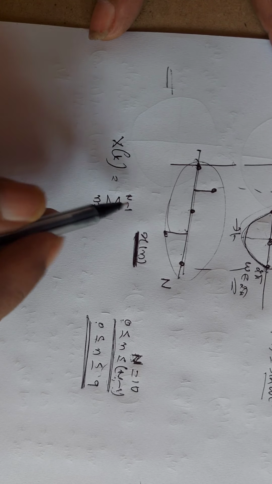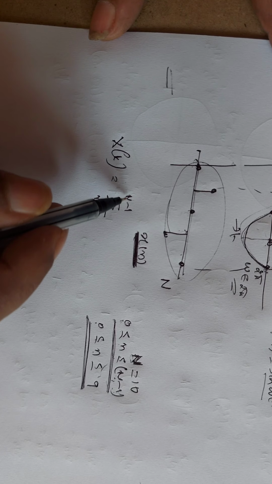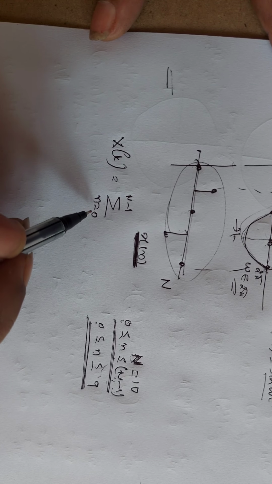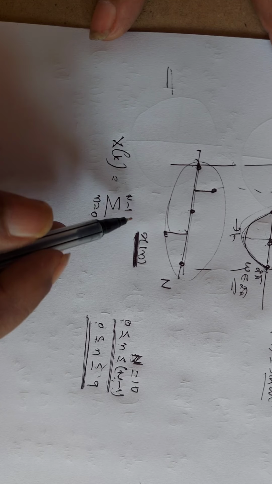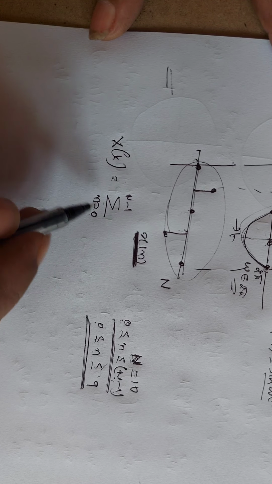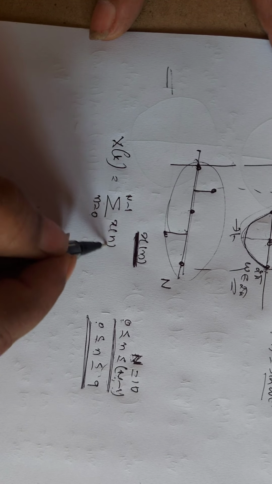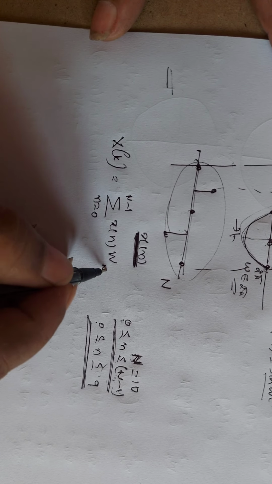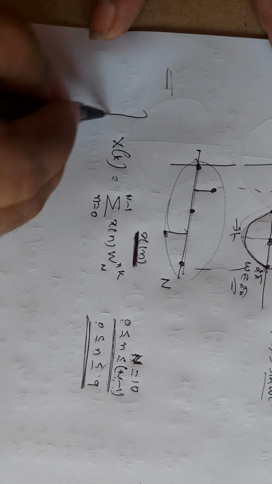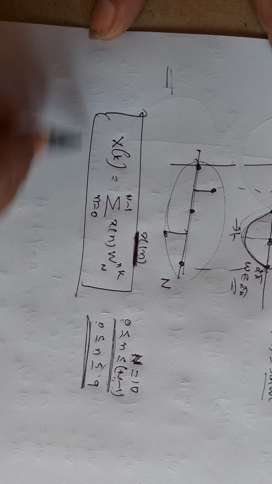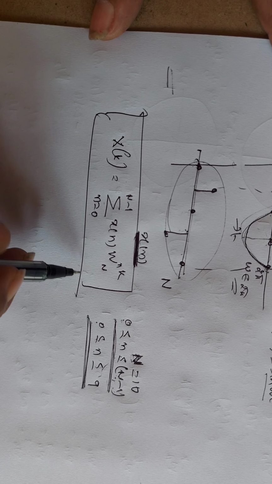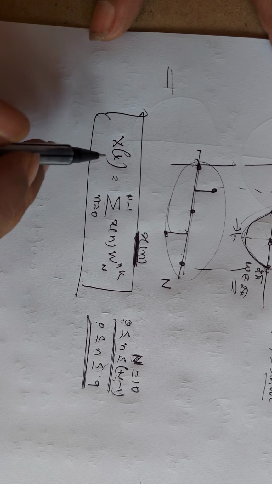This shows that there are n number of samples, n minus 1 including 0, one more sample, n minus 1 plus 1, therefore total n number of samples, into x of n W_N^{nk}. This is the mathematical expression of DFT of the function x of n.